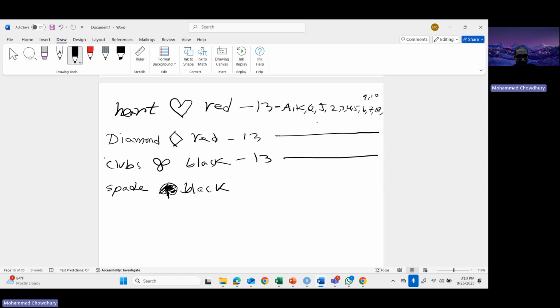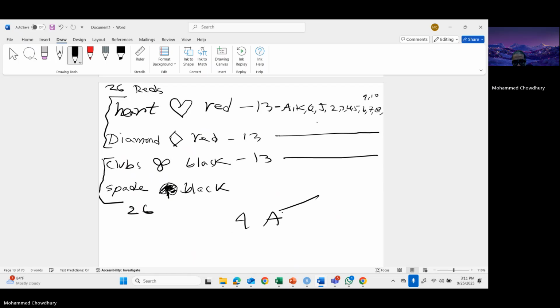So how many black cards are there altogether? 13 plus 13 equals 26 black cards and 26 red cards. There are 4 aces, 2 red, 2 black.